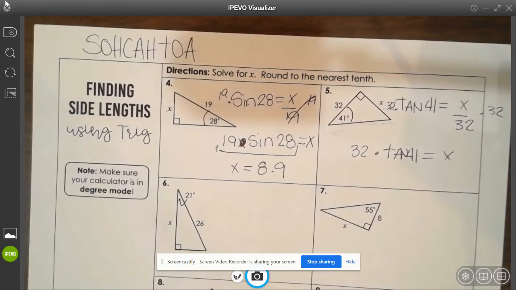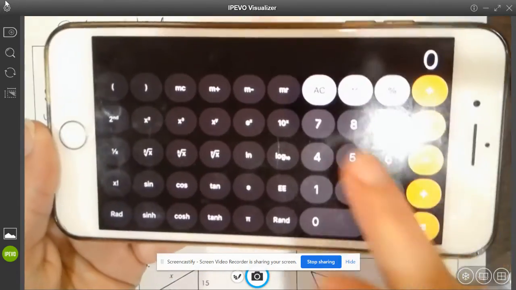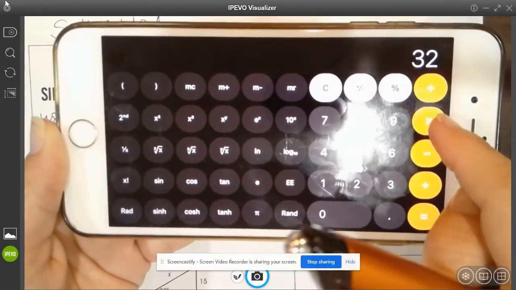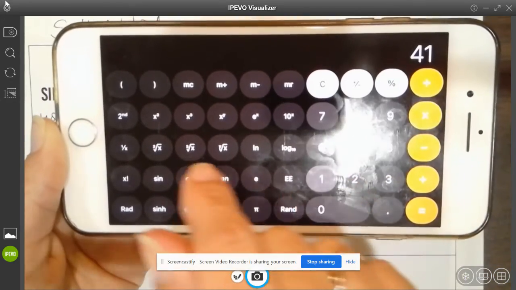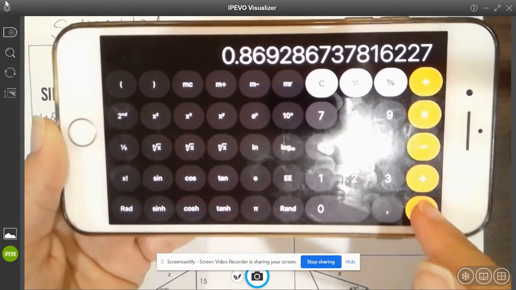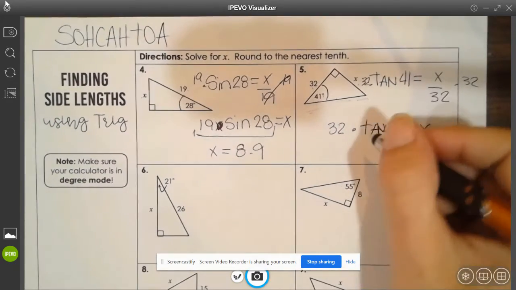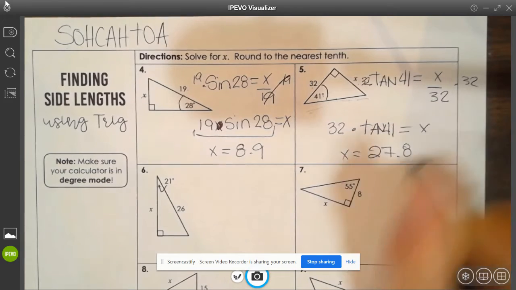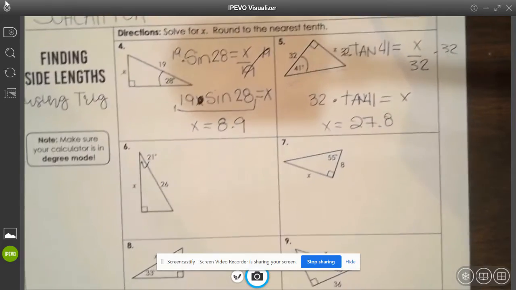And the way we do this in the calculator, we put 32 times tangent of 41. So 41 tangent equals 27.8. So x is 27.8. Okay? All right, let's do another one.